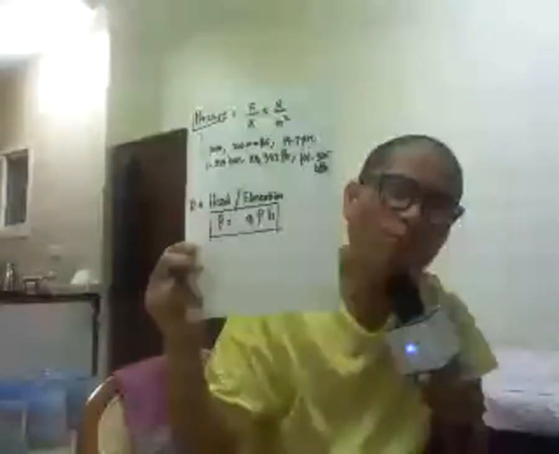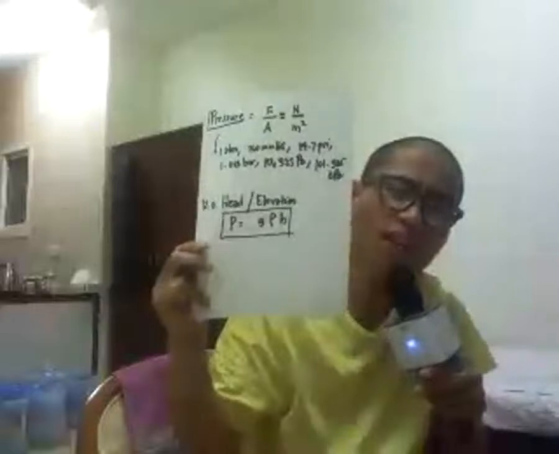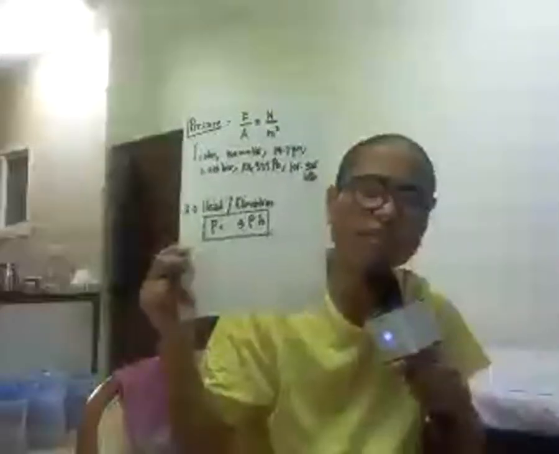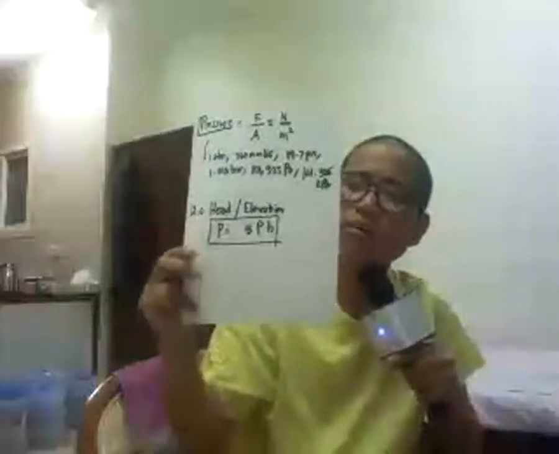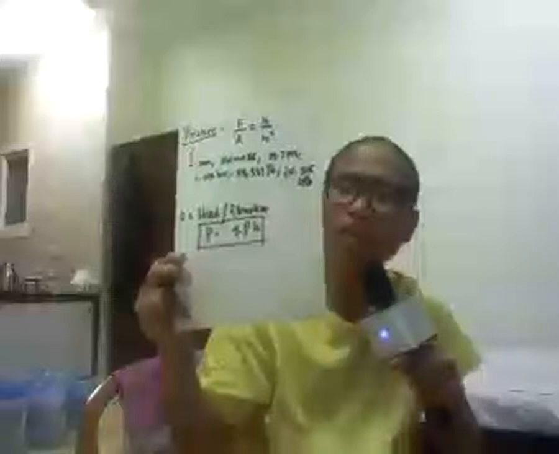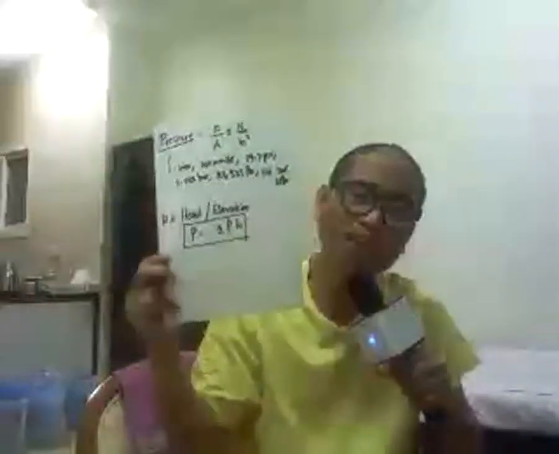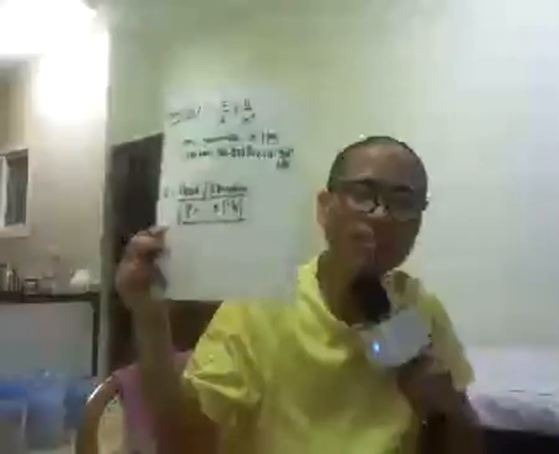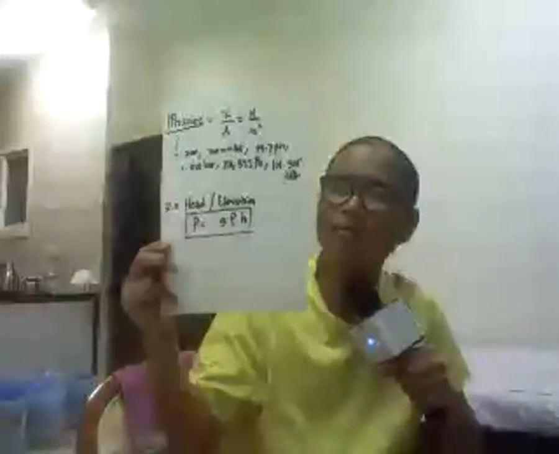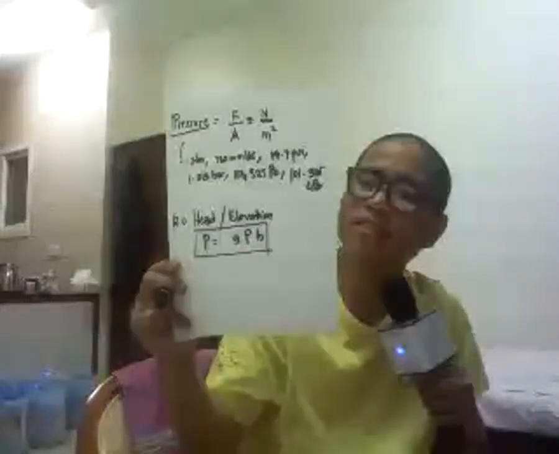Another formula for pressure is gravity times density times height. The placement could either be density times height times gravity, or gravity times density times height. You can arrange it anywhere since it's multiplication. The gravity is again 9.81, the acceleration of gravity.